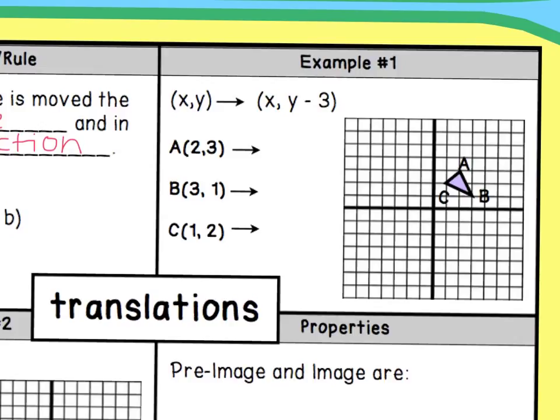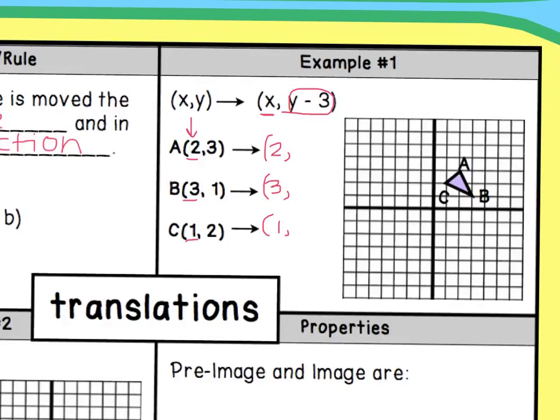So if our original points were x and y, this one says nothing's happening to our x because it just stays x, which means our x would stay the same. But with our y, we're taking our y, whatever it was, and we're moving it down 3 spaces, or taking away 3 from what our y was.